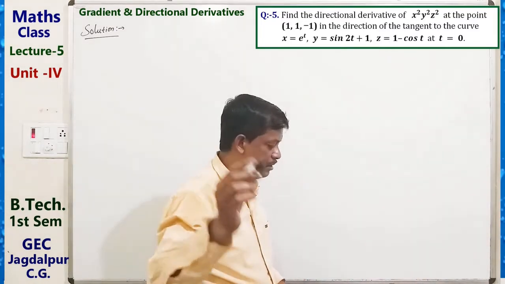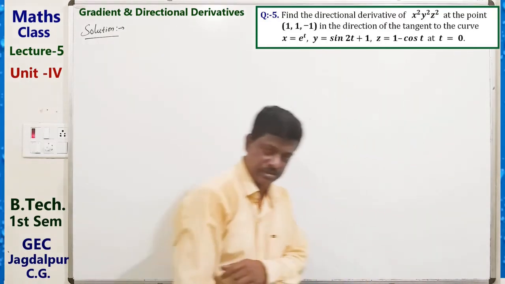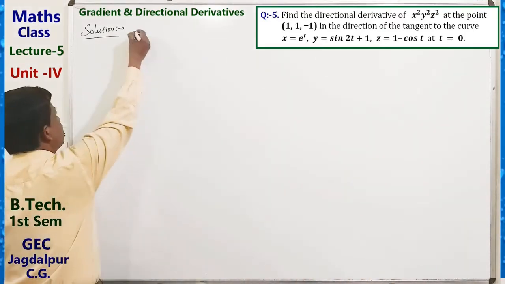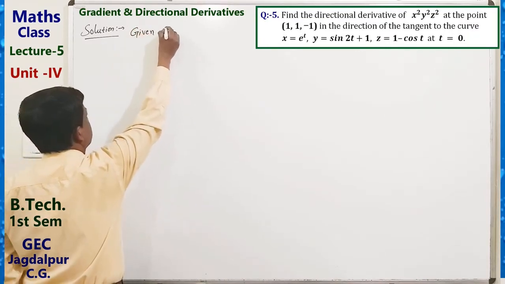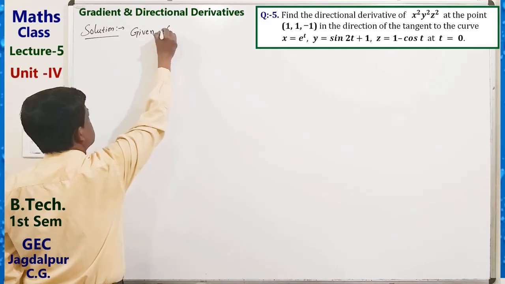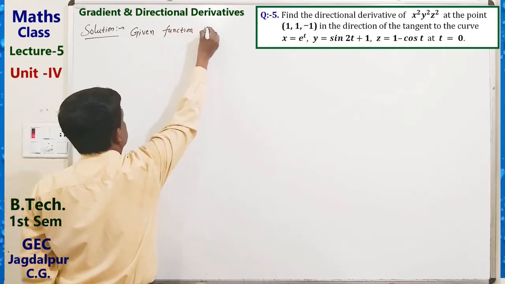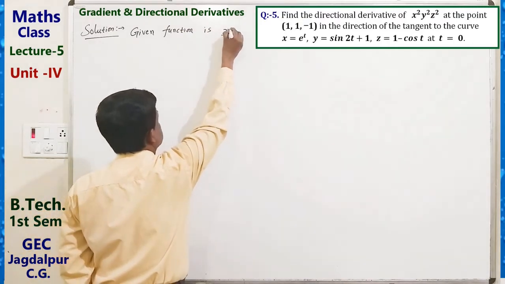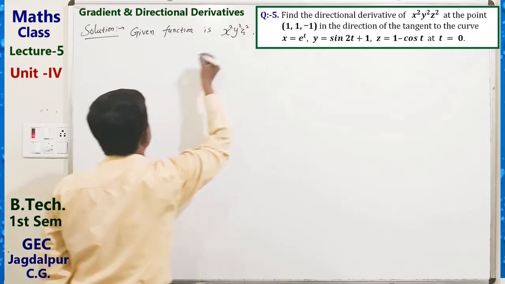So directional derivative we have to find of the function x square y square z square.